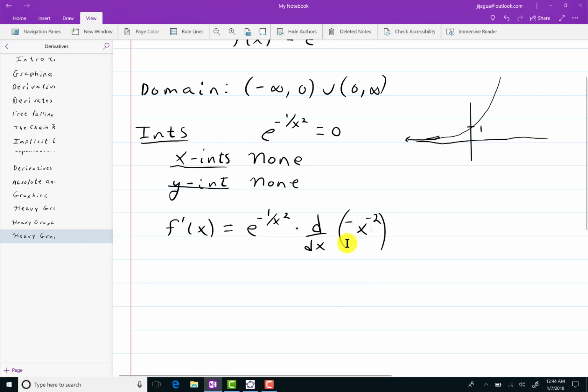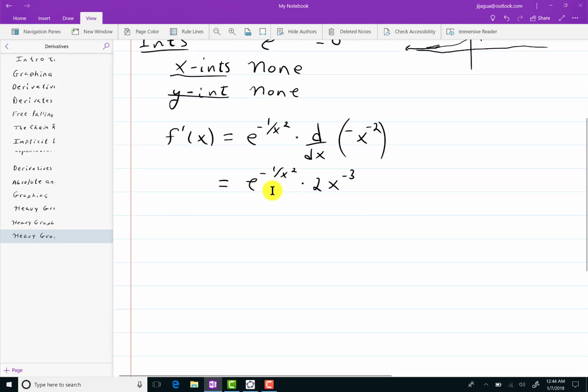I think it's a lot easier to do the power rule than any other rules, to be honest with you. So I'll get e to the negative 1 over x squared times, now this negative 2 will come down and make that a positive 2, x to the negative 3.